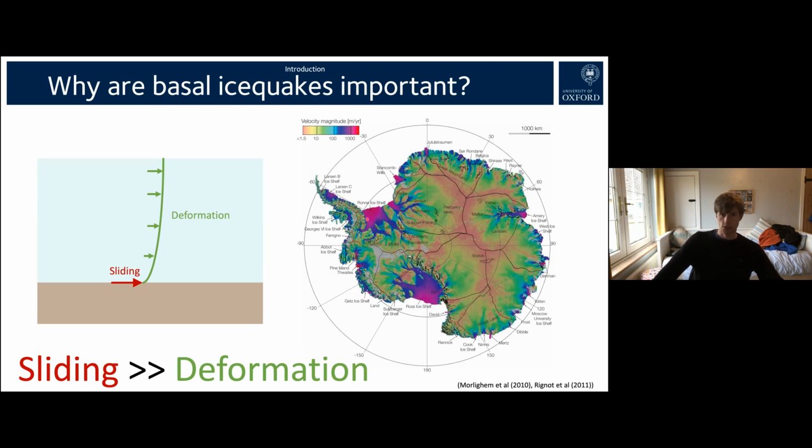The bluey pink regions are regions where the ice is moving upwards of 500 meters per year, so very, very fast flowing ice. And we think that a lot of this fast flowing ice, other than that, obviously, on the ice shelves, is flowing via sliding rather than deformation. So sliding is a really important process for governing how quickly the ice on the Antarctic continent and Greenland can float into the ocean.